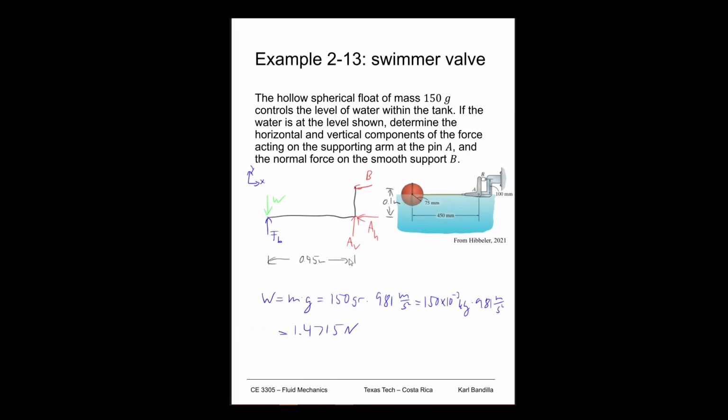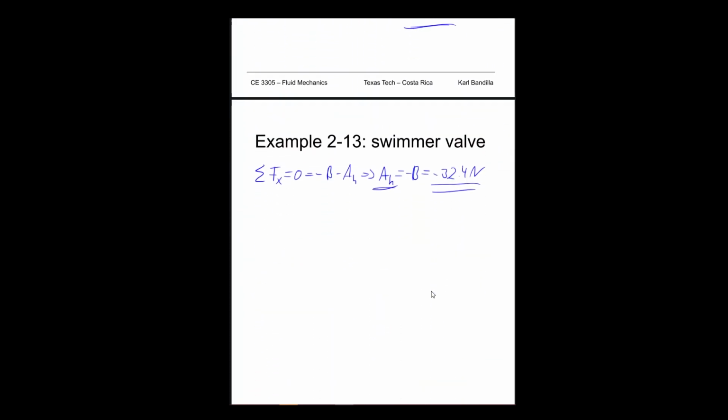Then for our forces in the Y direction, we have W, FB, and AV. The sum of forces in the Y direction is equal to 0. We have negative W plus FB plus AV. That means AV is equal to W minus FB.